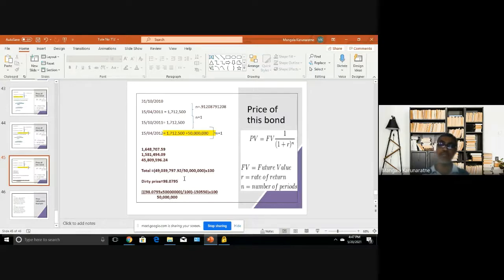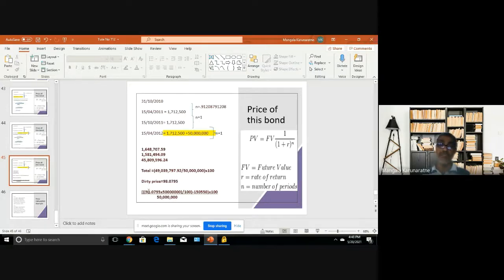Because it's the norm that we give the price for 100 units, right? 50 million is an amount, right? So we divide this amount by amount and then multiply it by 100. So what happens is then you get the dirty price in rupees. So the 100 units dirty price is 98.0795.